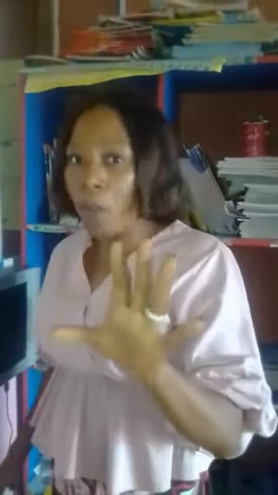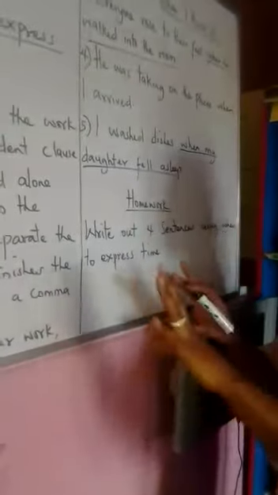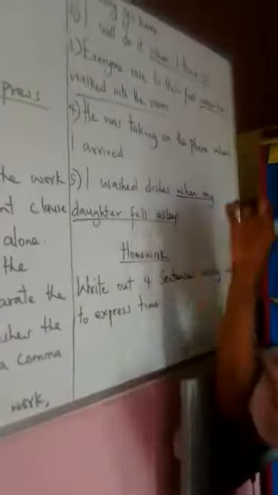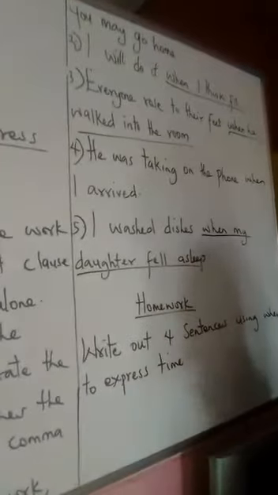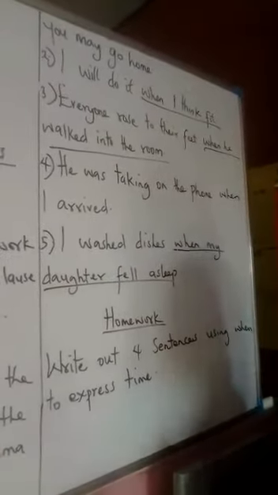And when do we use a comma to separate two clauses? When an adverbial clause starts the sentence, you use a comma to separate the two clauses. And when it doesn't start the sentence, there is no need for a comma.